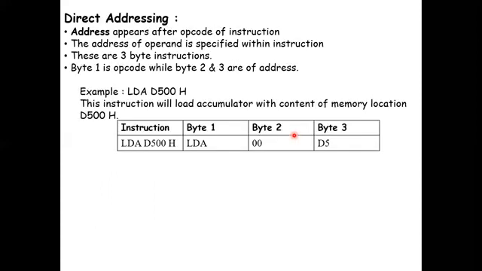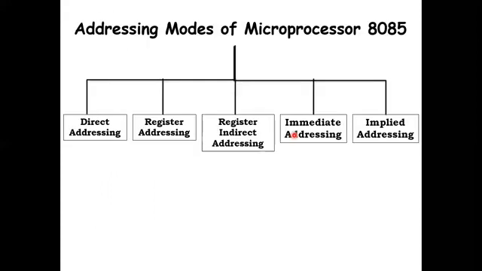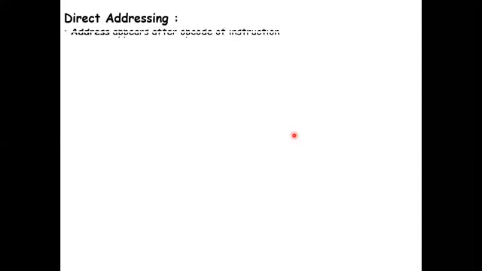Last class we discussed the addressing modes: direct addressing, register indirect, immediate addressing and implied addressing.